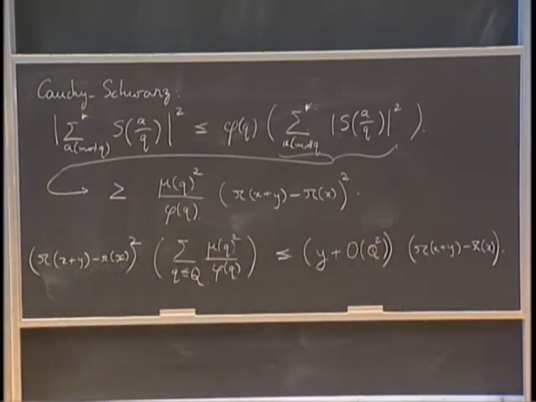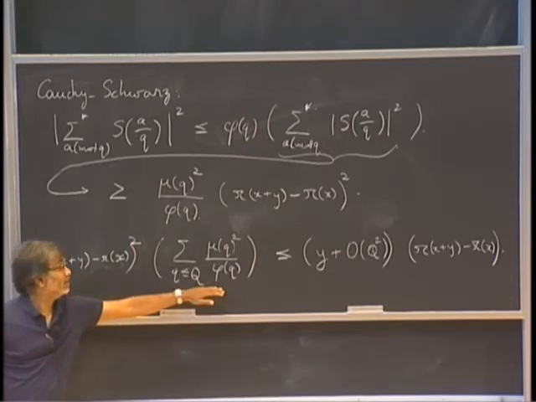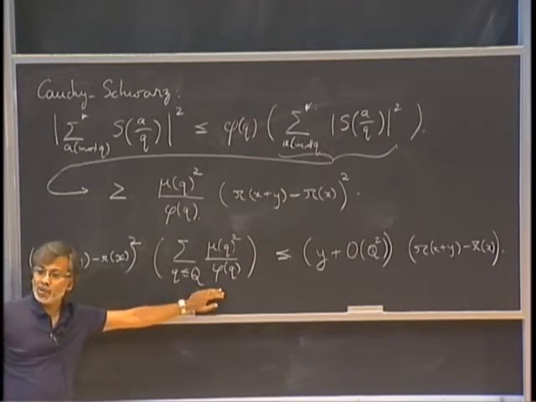Right? Or if I cancel one of these quantities and divide by that quantity, I get an upper bound for the number of primes on this interval from x to x plus y. Okay.